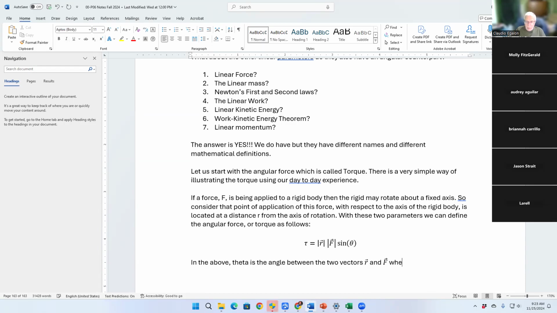R and F when their tails are touching each other. Okay? Their tails are touching each other.